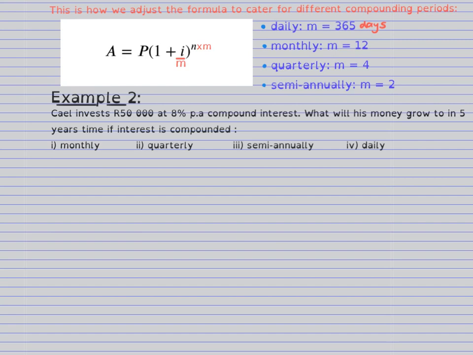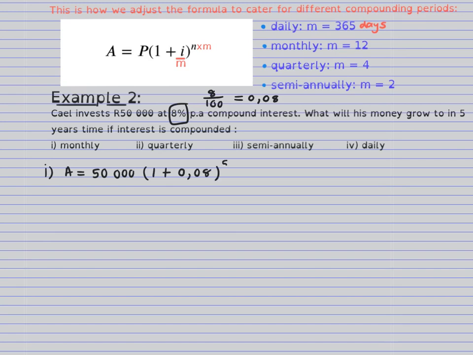We are again going to explore the power of compound interest. So monthly, A equals P, our principal amount of 50,000 Rand, 1 plus. All right, we need to change our rate into a decimal. So remember, this is super basic. We just take that 8%, divide it by 100, and we are left with our r value of 0,08.